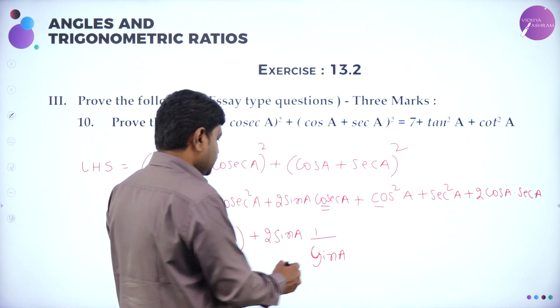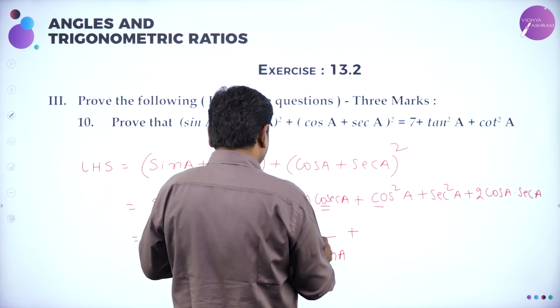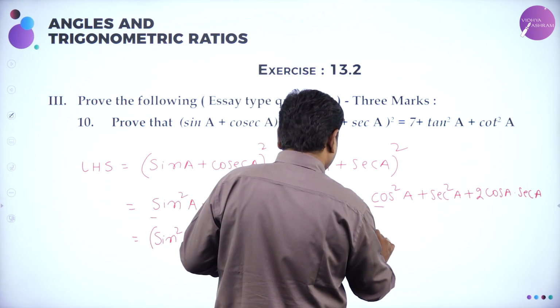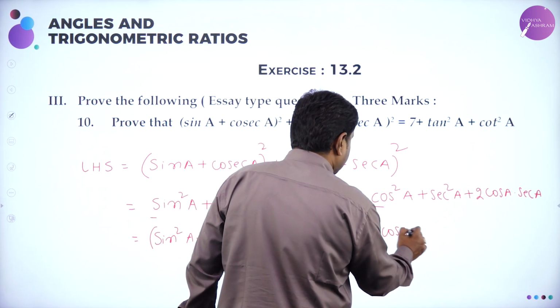Sin. Plus again I have cosecant square, and here we have 2 cos A into secant A. I will take this term.